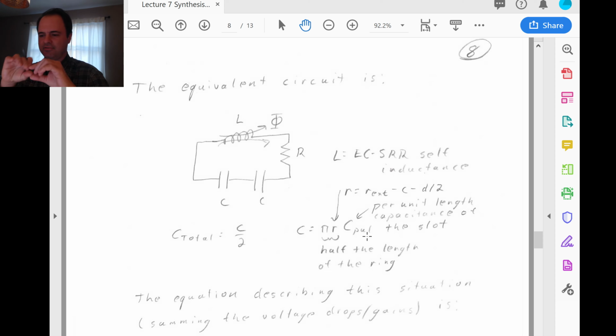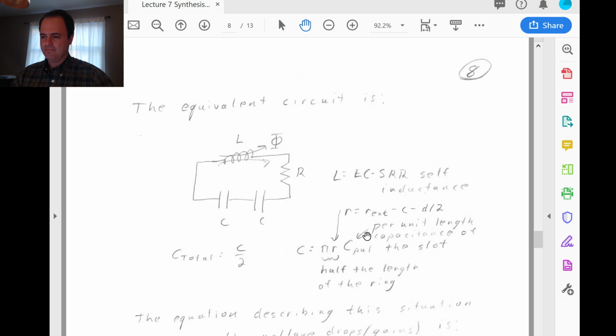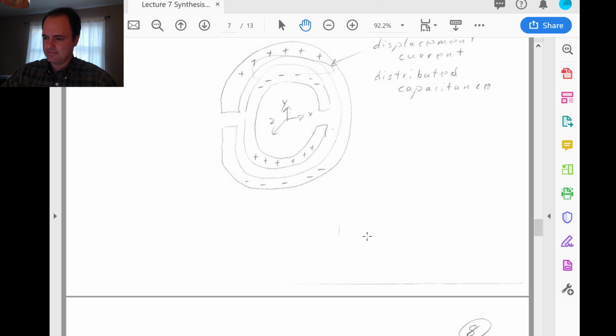So we're going to assume that the space between the rings is very small. Therefore, you can assume that they're pretty much straight lines, or parallel plate capacitors almost, but they're not. They actually have a length of pi times r and pi times r for the two capacitances.